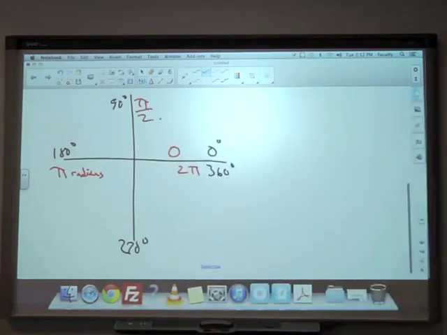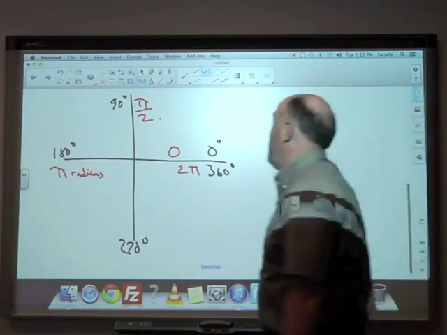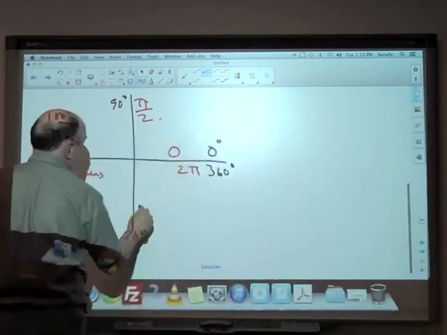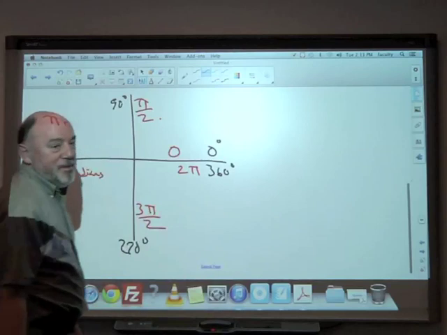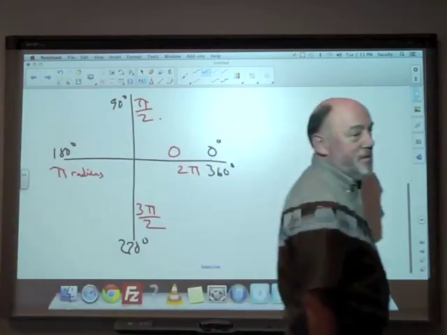So if 180 is pi, 360 is 2 pi, what will 270 be? Pi and a half. And the way we write that is 3 pi over 2.